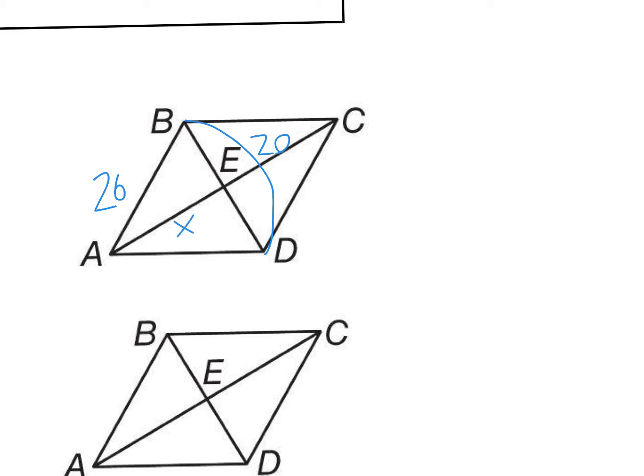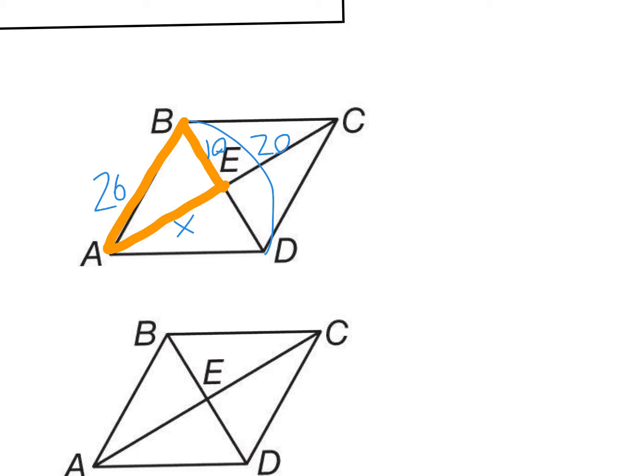I'll set that for X. If we look, this actually creates a right triangle that we can use for solving via the Pythagorean theorem. We know BE would have to be 10 because BE is going to be half the length of BD because our diagonals bisect each other.